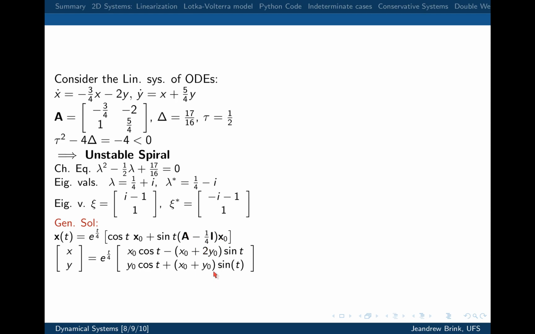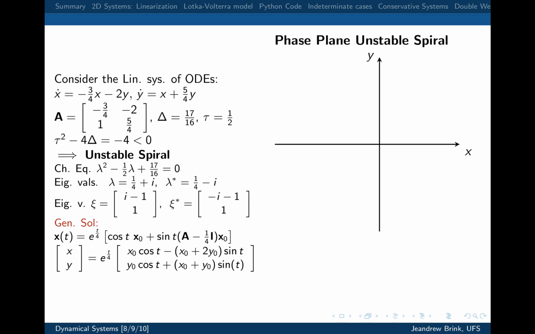Okay, so that's your solution now, and we now want to plot it. In fact, we preferably want a way of plotting it without actually knowing what the solution is, because that makes it easier. So firstly, we put our axes down. We once again plot the null lines, and this habit of plotting all the null lines is one that should stick with you all the way up through nonlinear systems.